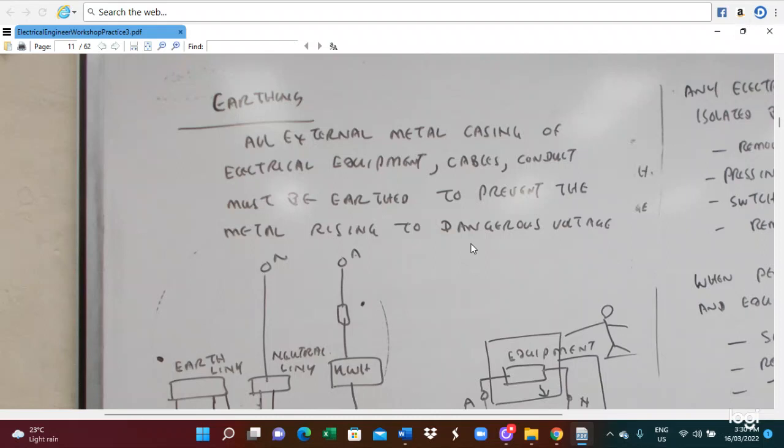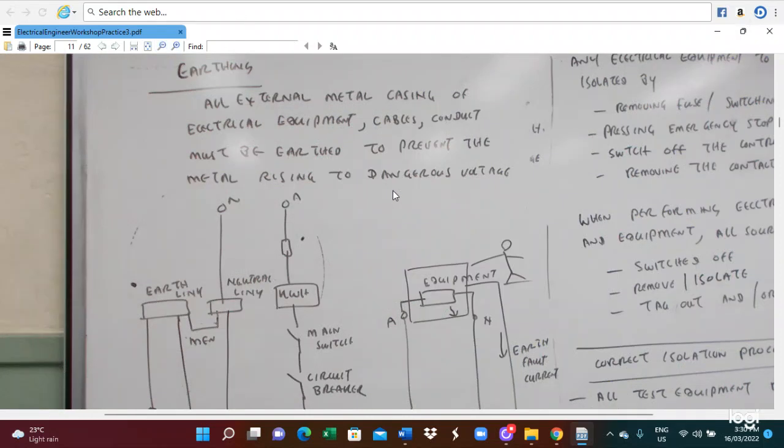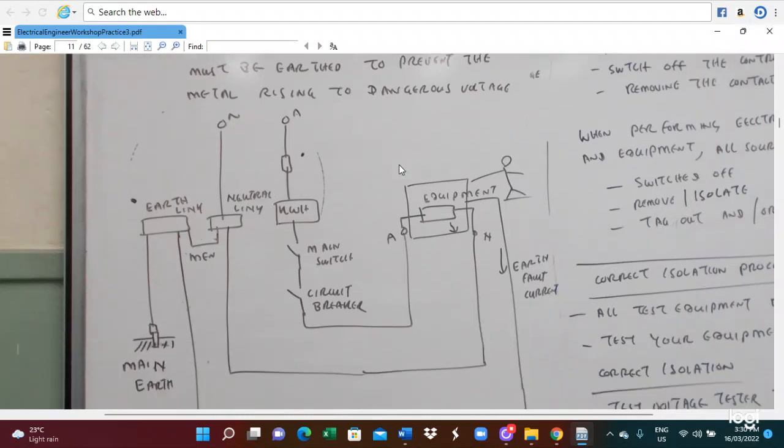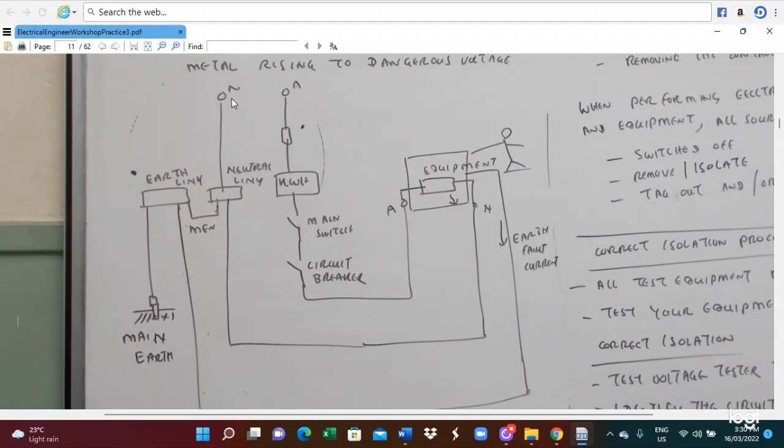To protect the electrical circuits from faults, we have to utilize the earthing system. All the external metal casings of electrical equipment, cables and conductors must be earthed to prevent the metal from rising to a dangerous voltage level. So this shows how the electrical current is conducted. This is neutral, this is active.